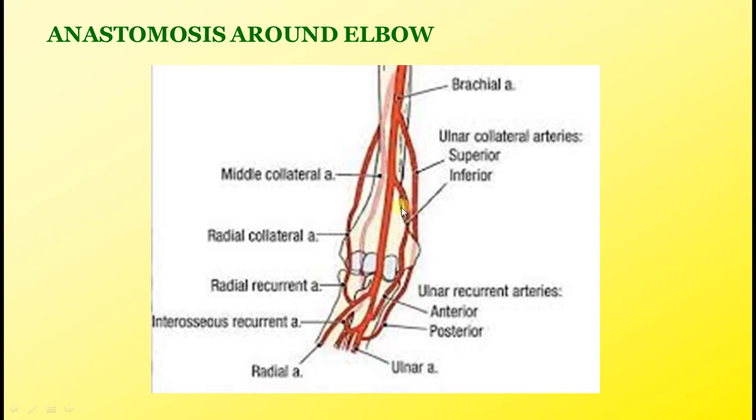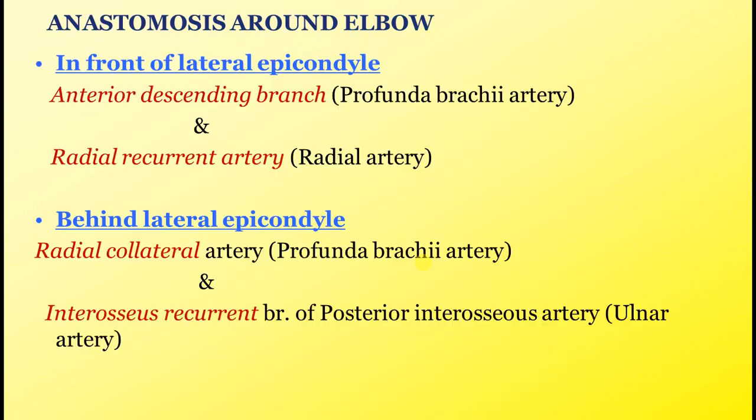Behind the medial epicondyle, it is the posterior branch of superior ulnar collateral and posterior branch of inferior ulnar collateral, which is going to anastomose with the posterior branch of ulnar recurrent artery. So the posterior ulnar recurrent artery is behind the medial epicondyle.